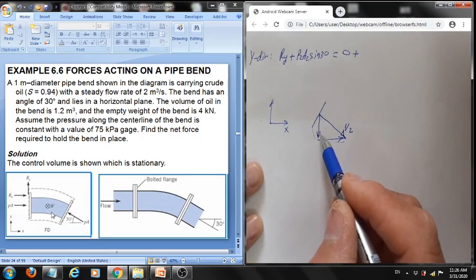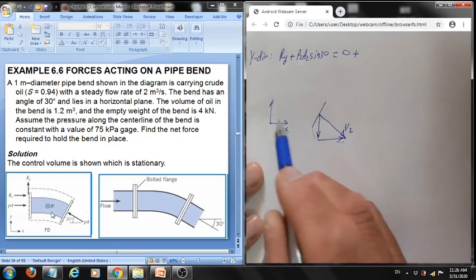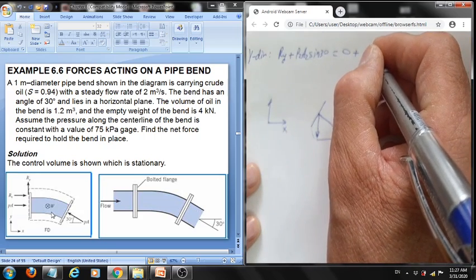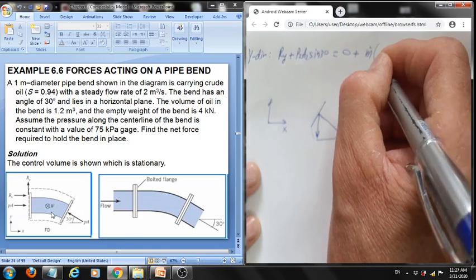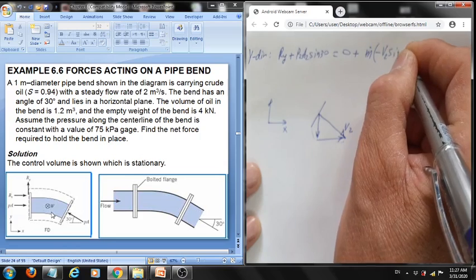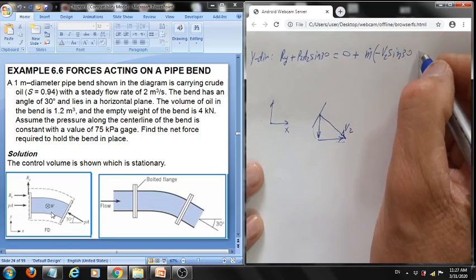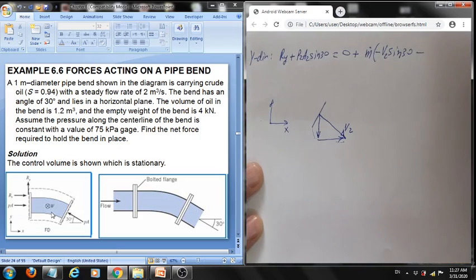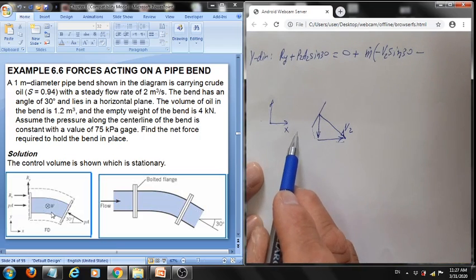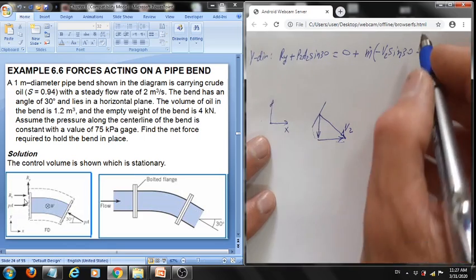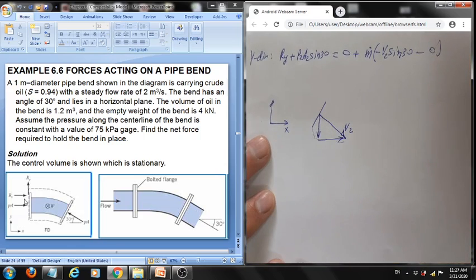It's opposing the positive y direction. So this is negative. So we have m dot multiplied by minus V2 sine 30, minus from the momentum equation at the inlet. Notice that there is no velocity component there, so we have simply 0.